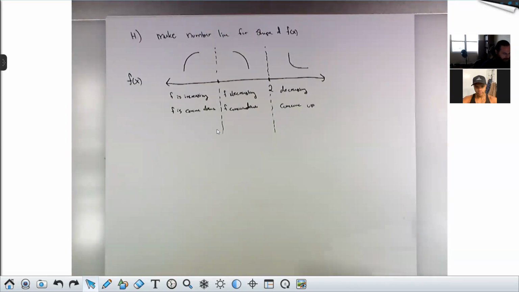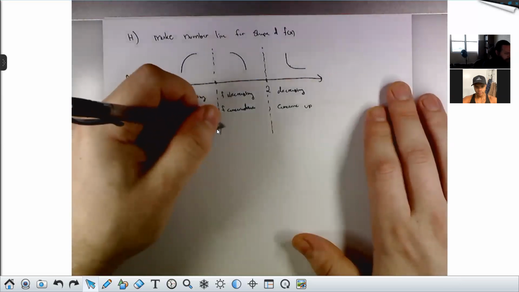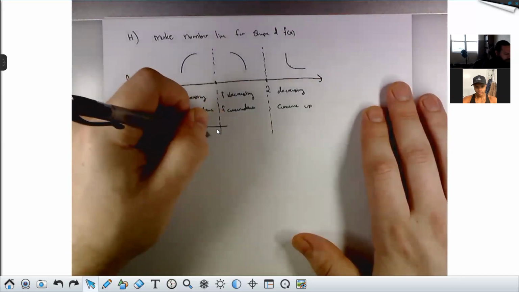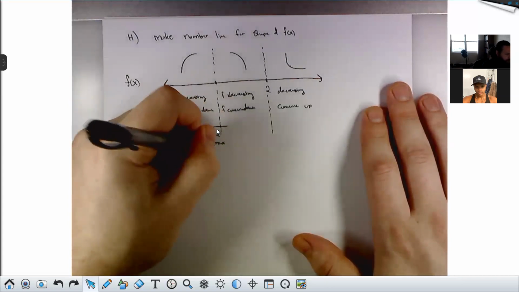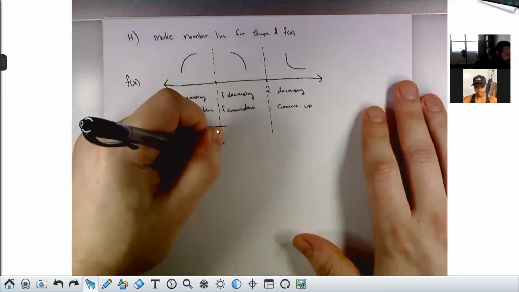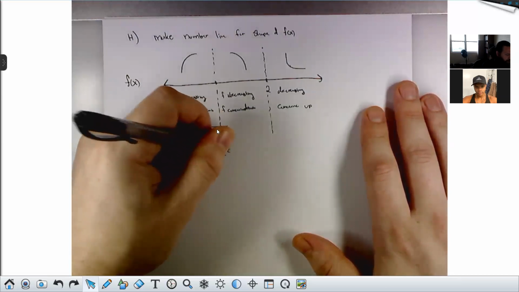All that work from parts E and F go into making this number line. Now here we know that this means we have a local max. And that point we found that was 2, 2e to the negative 2.